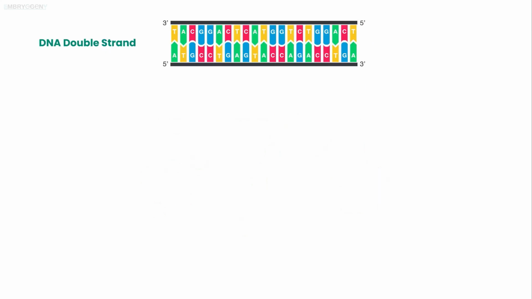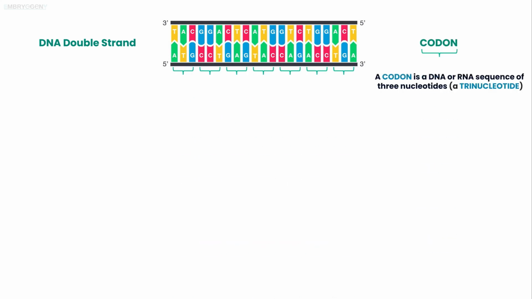The central dogma of molecular biology states that DNA contains instructions for making a polypeptide chain, and the flow of instruction is from DNA to RNA to finally a polypeptide chain. Now is the time to introduce you to a codon.